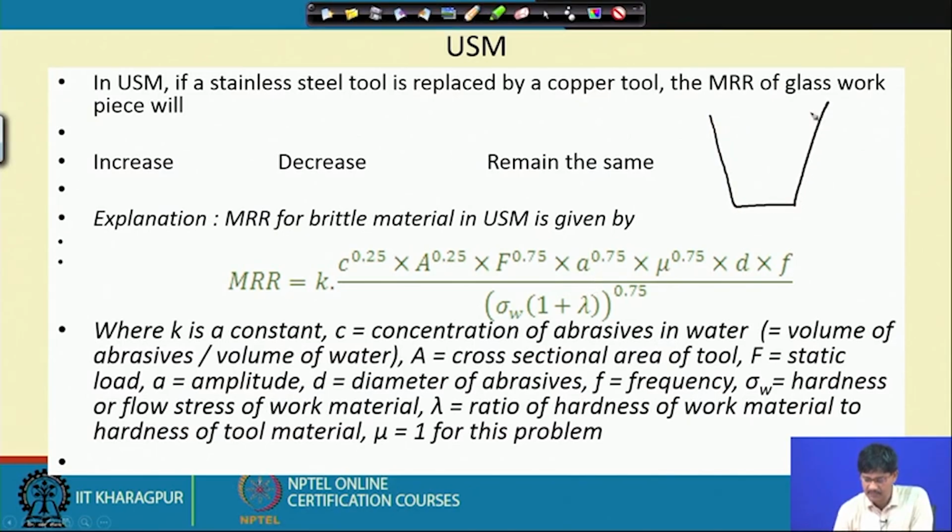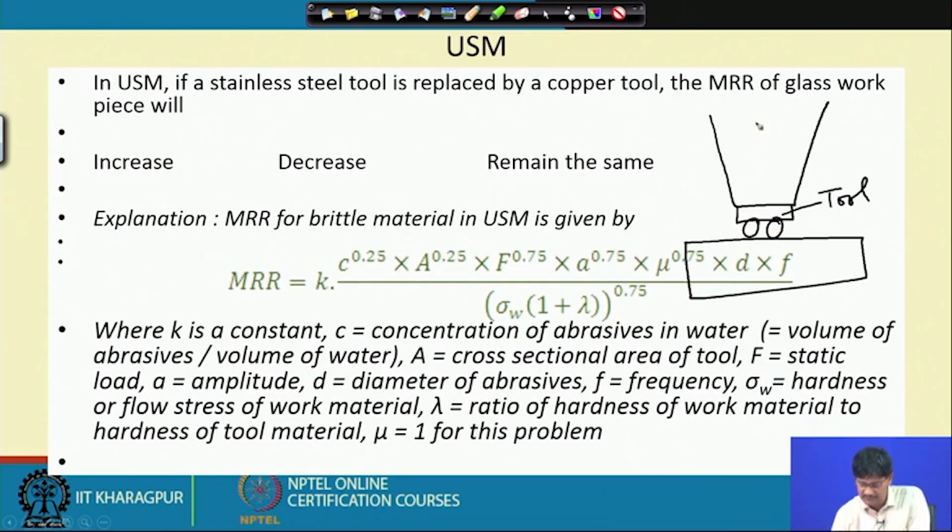This is the last part of the horn and this is the tool. So, this being the tool, there are abrasive particles in between and this is the workpiece. So, if this is going on hammering from the top, and if these abrasives are very hard, they will cause indentations on the workpiece side as well as the tool side.